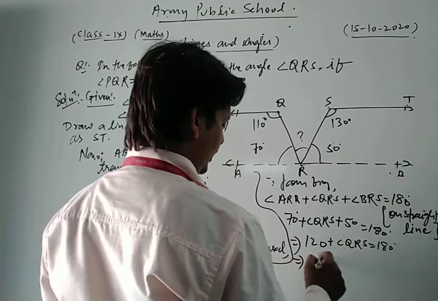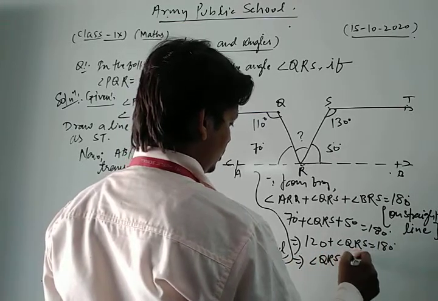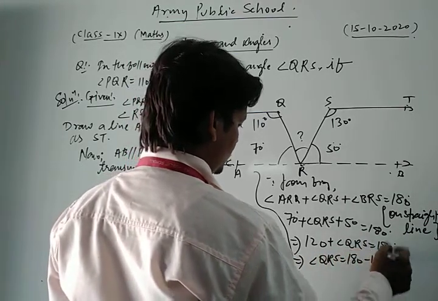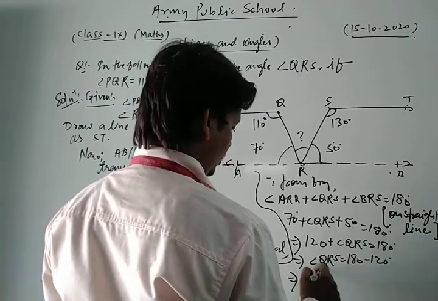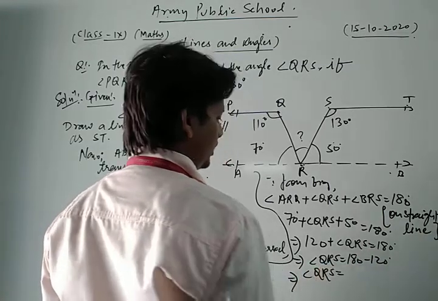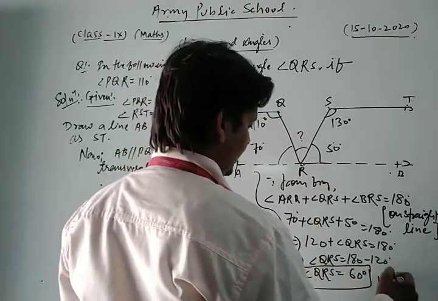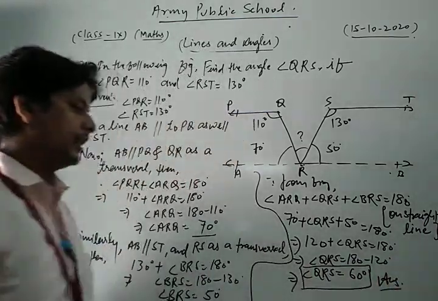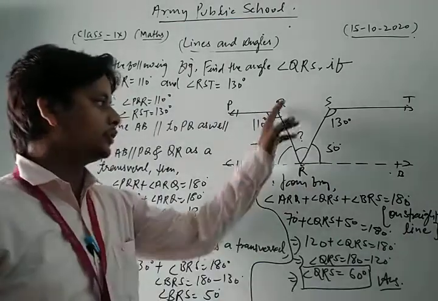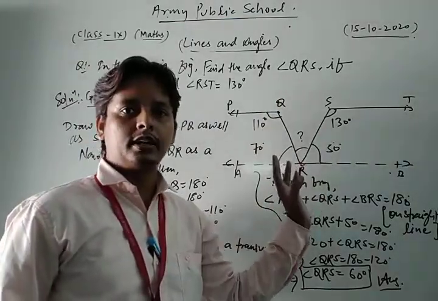So the value of angle QRS is equal to 180 minus 120 degrees, which is 60 degrees. This is our required answer: angle QRS is 60 degrees.